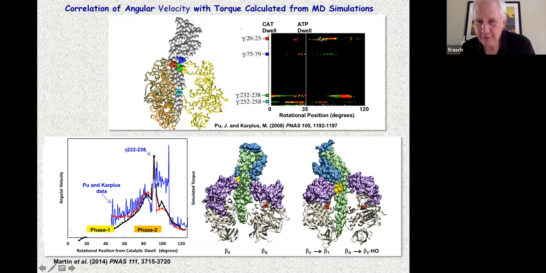And when you convert these data into something that's equivalent to what we were seeing, it fit quite well from the point where ATP would bind, the blue data are his simulations, to what we were actually seeing, which confirms that when ATP binds, that lever arm closing is pushing the gamma subunit around, at least for phase 2.